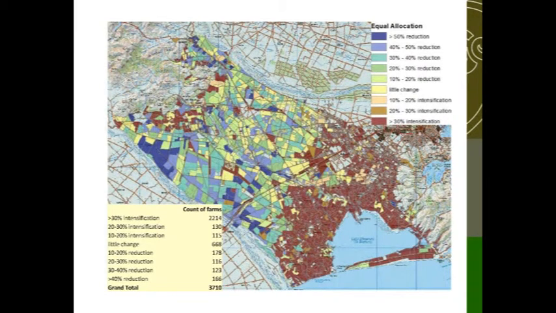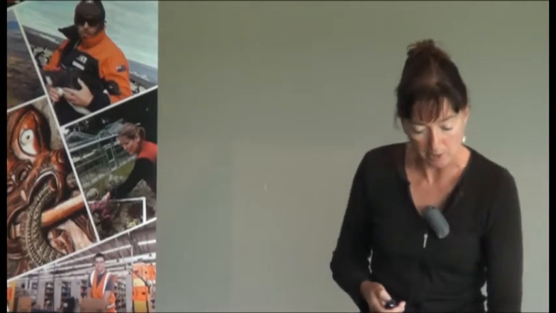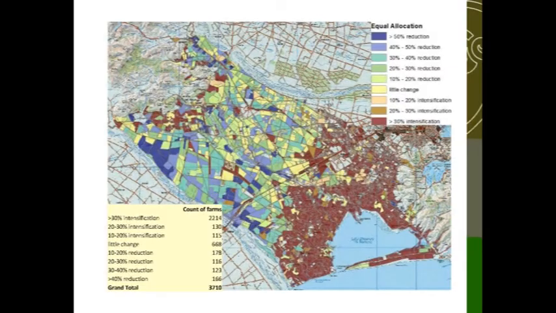All the blue ones, given what they were now, say dairy on very leaky land, would be quite considerably over their average value, and they would have to reduce down to it. So you can just get a sense there of how many farms that would impact if you were to do a particular allocation mechanism. And then you can again get the counts of information there. So you can see here it's about 300 odd would have quite significant reductions if you were to put in place an equal allocation.